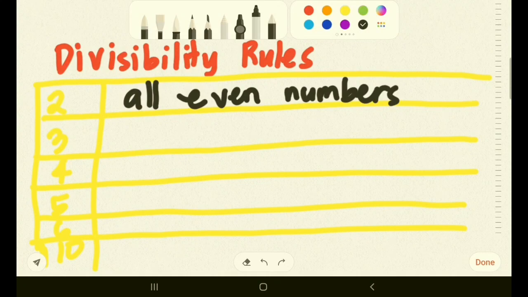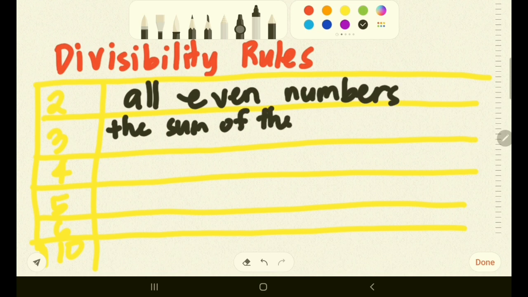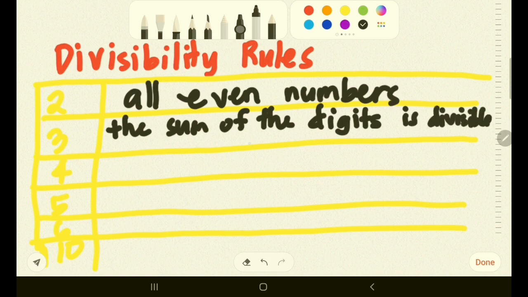Let's summarize the divisibility rules by 2, 3, 4, 5, 6, and 10. For 2, of course, all even numbers are divisible by 2. How about 3? If the sum of the digits is divisible by 3.